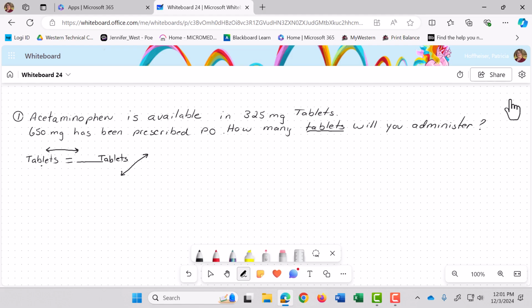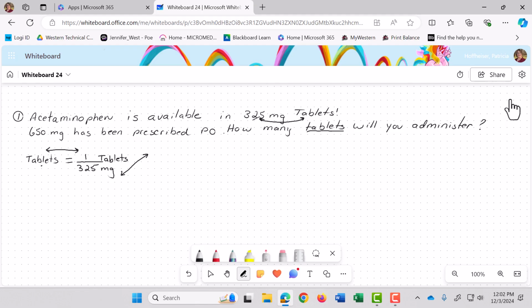So if you have tablets on top, you go back to your problem to figure out, well, where does it talk about tablets in my problem? So it starts at the top and it says you have 325 milligram tablets. So every one tablet has 325 milligrams, and these are connected and they cannot be separated. So if one tablet has 325 milligrams, they've begun to set up their problem.